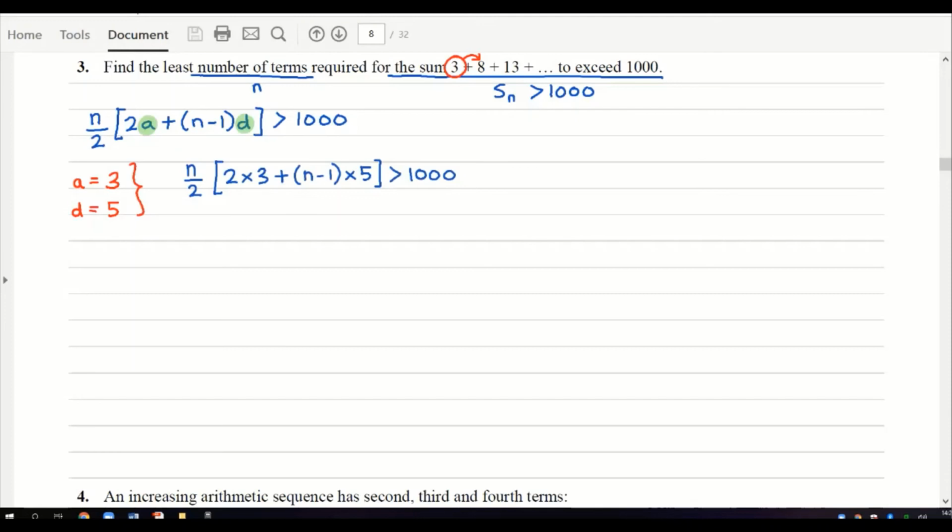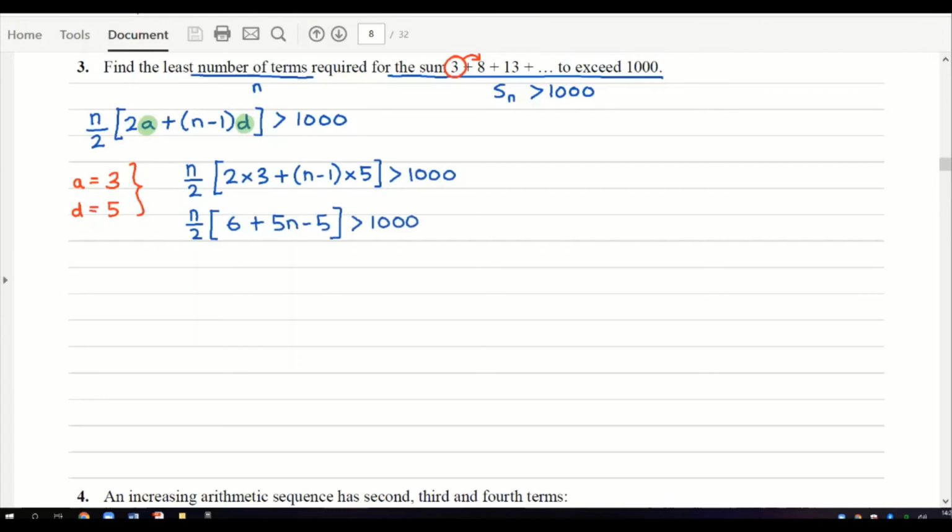What can we do here? Well, let's tidy up inside the bracket first of all. So n over 2, then we have 2 multiplied by 3, which is 6. Multiply n subtract 1 by 5 inside that smaller bracket. It's 5n subtract 5. Close the big bracket, and that's greater than 1,000.